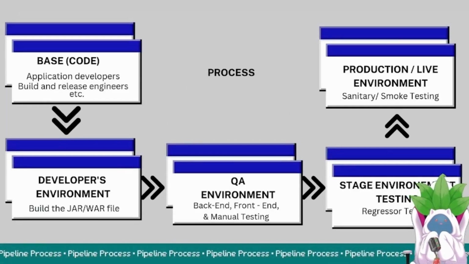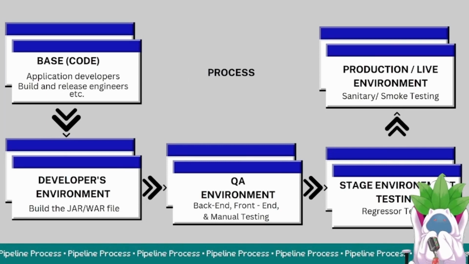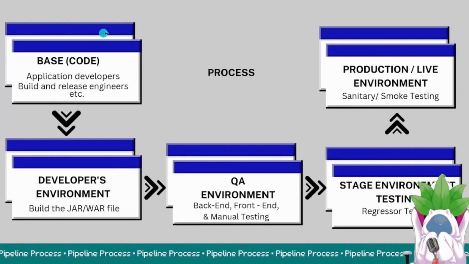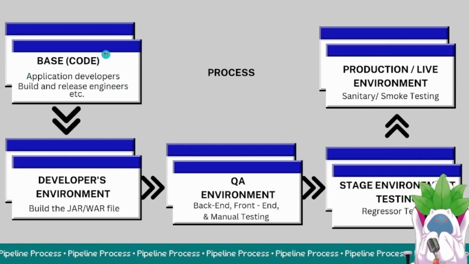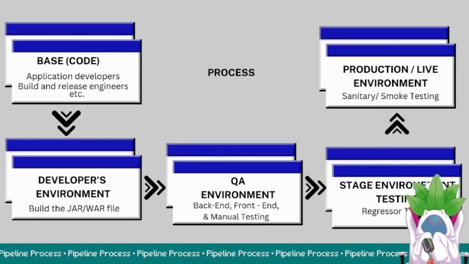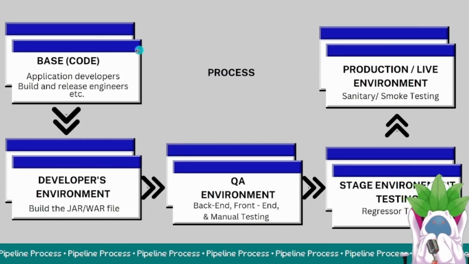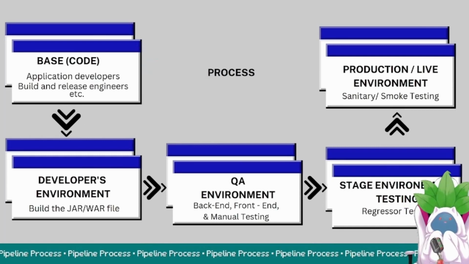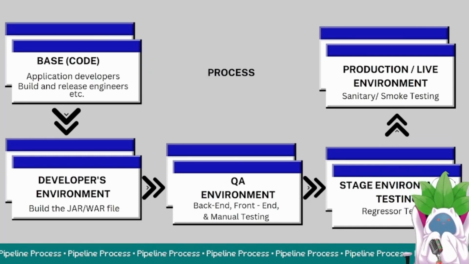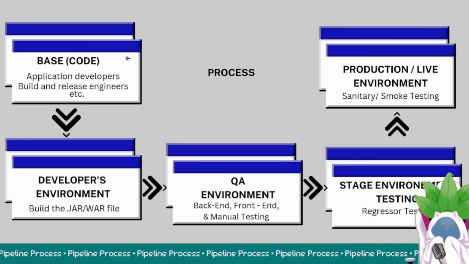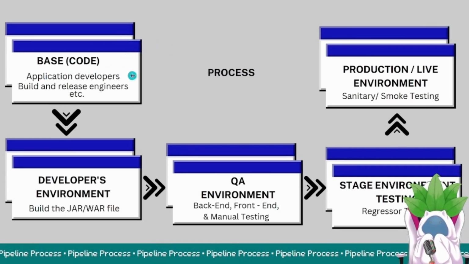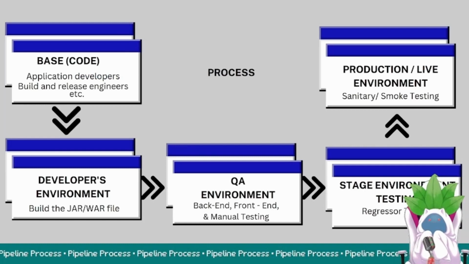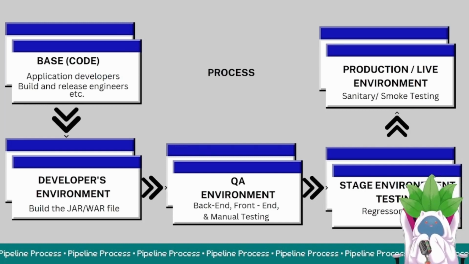So this is how the process looks like. First, we will start in the base or the code. In a company, there will be teams that will be assigned. For example, team 1 will be assigned for the ordering system, and team 2 will be on the payment system. In team 1 or ordering system, there will be application developers, engineers, and so on on that team.